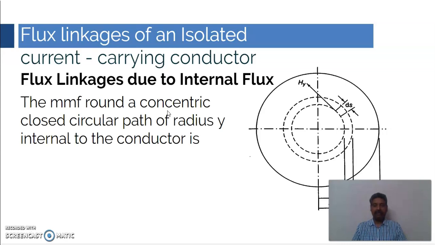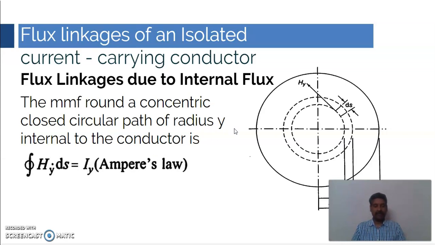The MMF around a concentric closed circular path of radius y internal to the conductor can be given by Ampere's law, that is, the integral of magnetic field intensity with respect to the perimeter of the circular shape is equivalent to the current enclosed in the tubular column. So this is by Ampere's law.